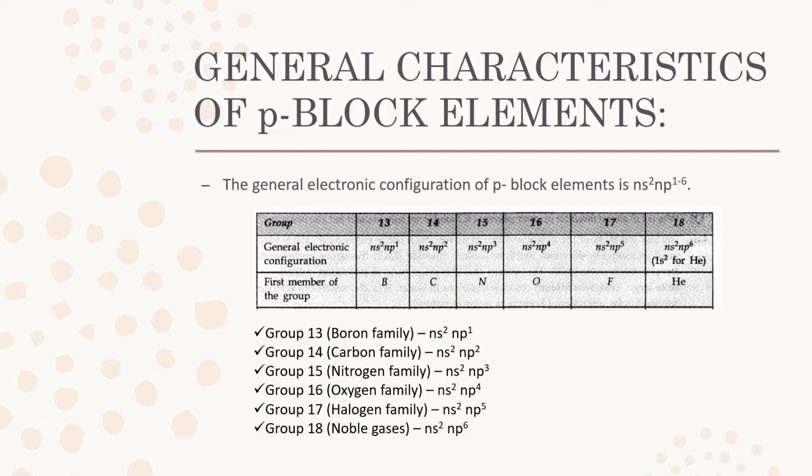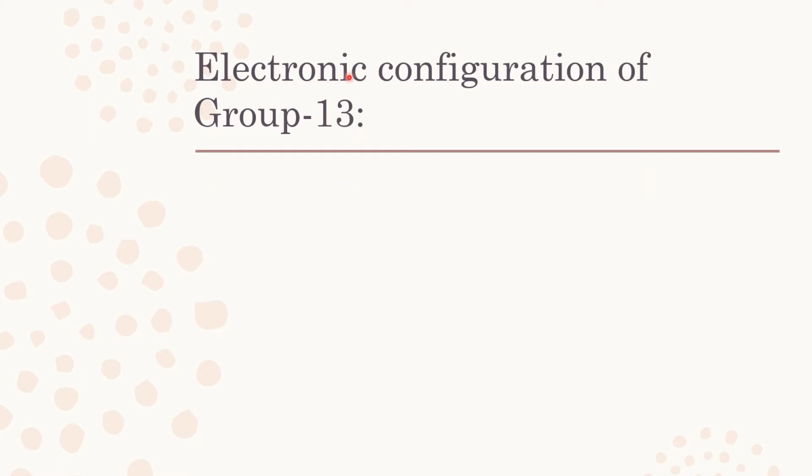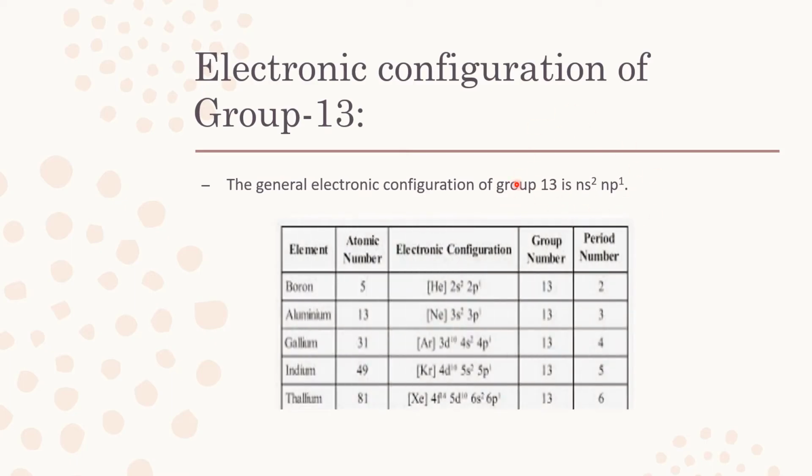And let's see the electronic configuration for separate groups, that is group 13 and 14, in detail. Now let's see the electronic configuration of group 13. The general electronic configuration of group 13 is ns2 np1. As we know, boron, aluminum, gallium, indium and thallium are the elements of group 13, and these are the atomic numbers.